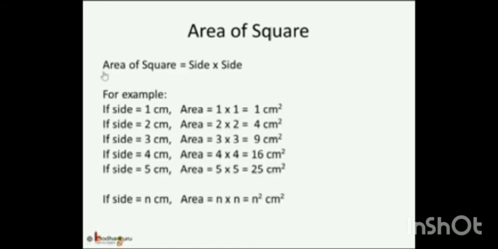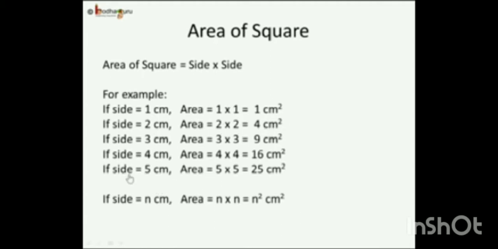So area of square, we know the formula is side into side, right? This is all we have learned in geometry in our previous videos, correct? So if a square is having a side of 1 centimeter, its area would be side into side, that is 1 into 1, that is 1 centimeter square. If it's 2 centimeter, it's going to be 2 into 2, that is 4 centimeter square.